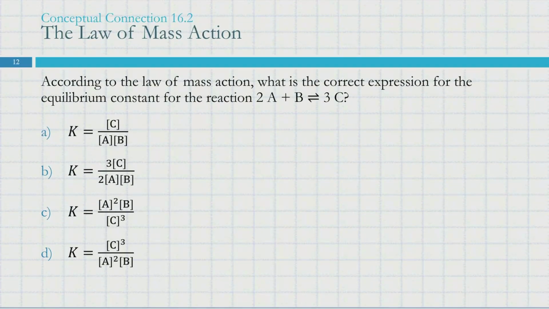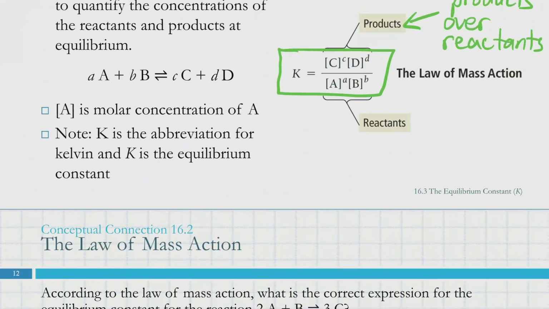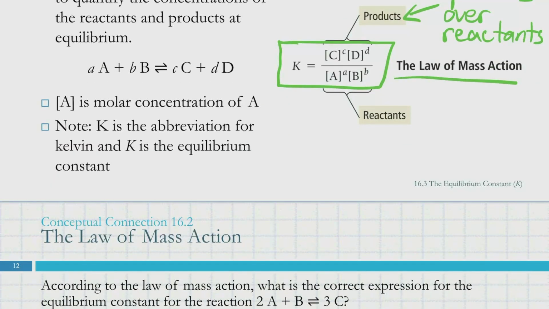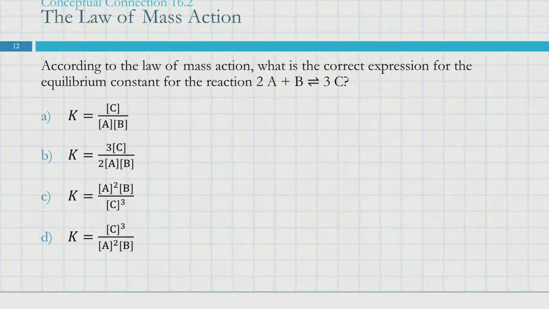According to the law of mass action, that's this thing. According to that, what is the correct expression for the reaction 2A plus B in equilibrium with 3C? We've got a guess for D. Why is it D and not C?